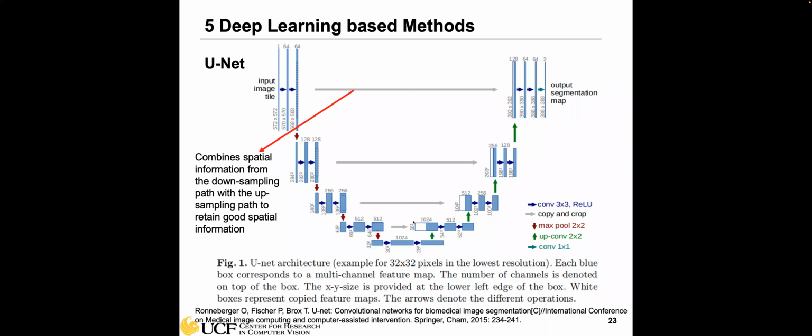So we need some mechanism to increase the spatial resolution so that eventually the output segmentation map has the same resolution as your input data. That's the decoder part, which has the opposite operation of pooling. That's the up convolution, basically increasing the feature map size.